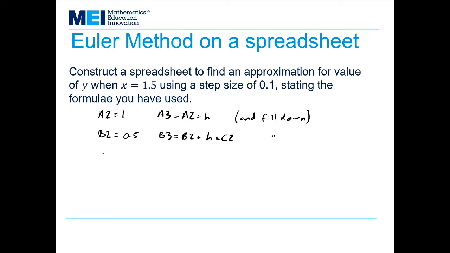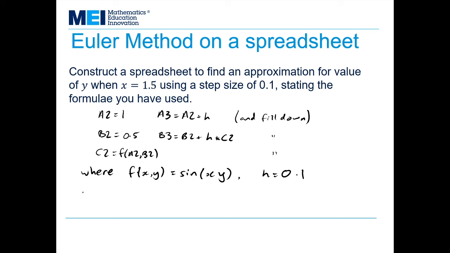And then I filled that down as well. And then C2 was f of A2 and B2, and C3 is then going to be f of A3 and B3, so I'm just going to continue to fill this down as well. And I need to specify that this is using the formulae f(x, y) is sin(x times y), and h is 0.1.